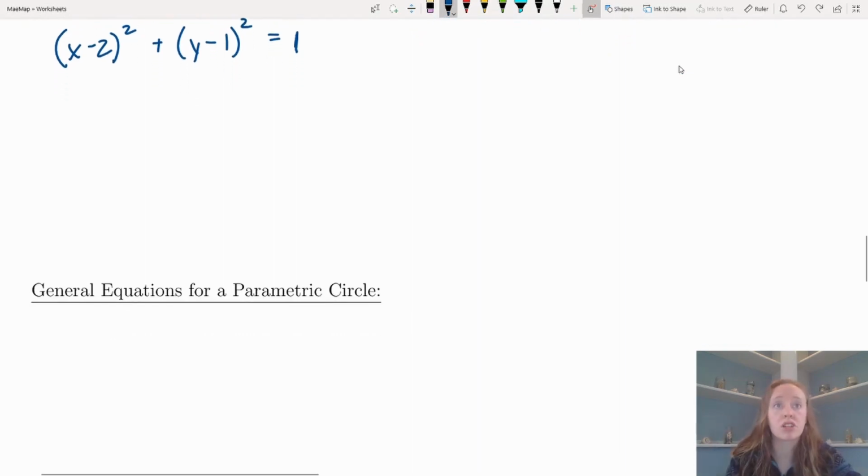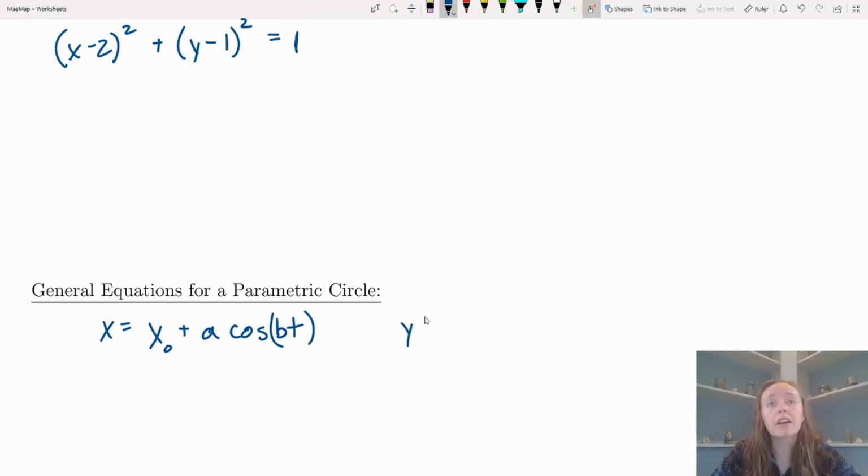So before we really jump into this problem, I want to introduce you to just the general equation for a parametric circle, which is x equals x naught plus a cosine of b times t, and y is going to be equal to y naught plus a times sine of bt, which we've seen above in each of the cosine sine examples so far.